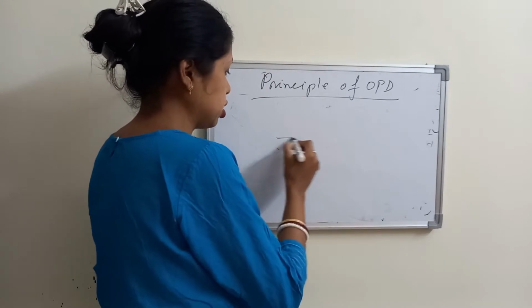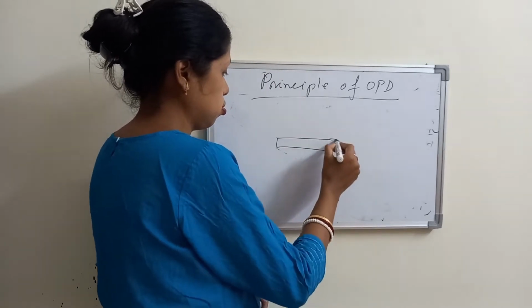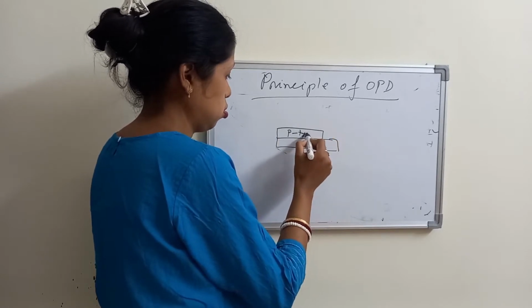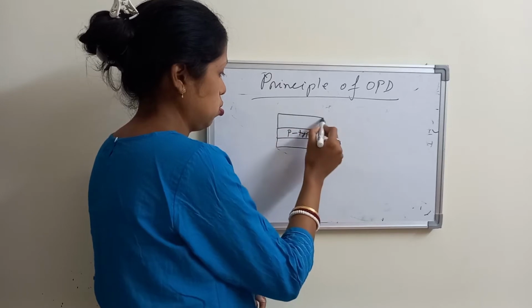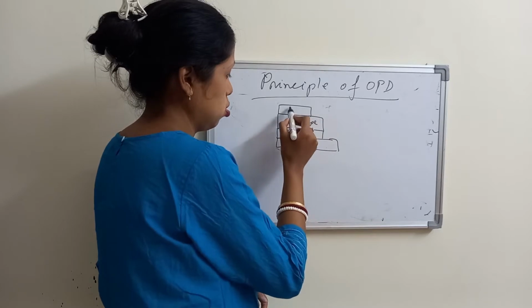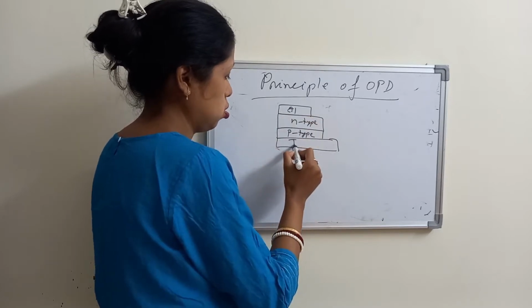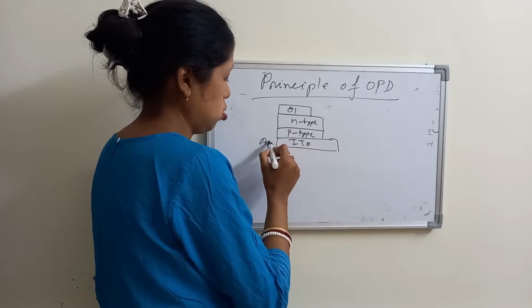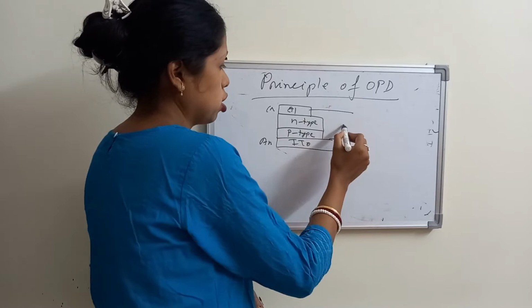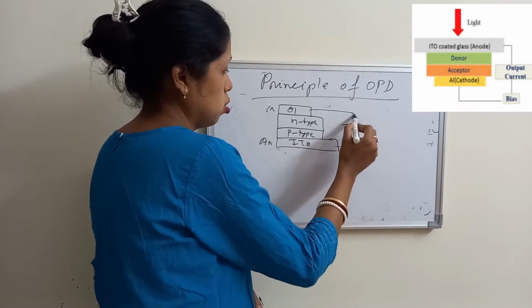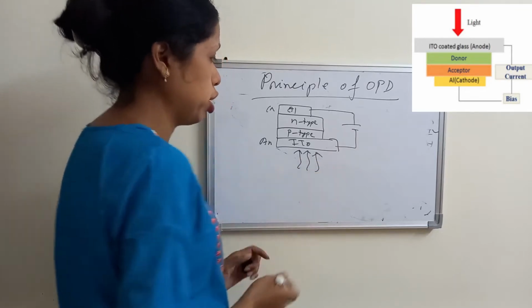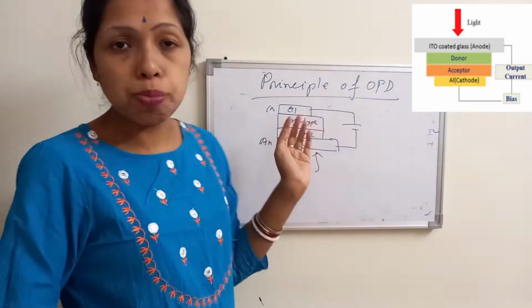In this vertical structure, this is like a structure of the organic photodetector. So four layers. This is the basic structure.